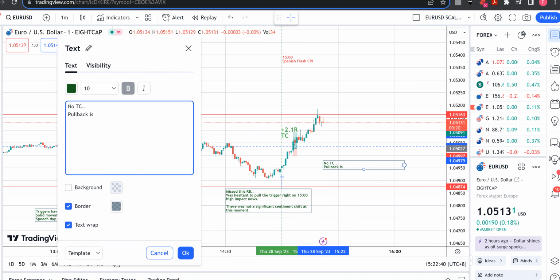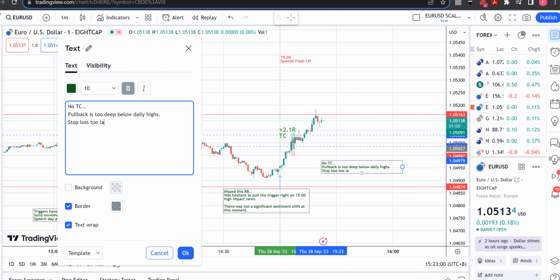Pullback is deep below daily highs, and also another reason why I don't want to take this trade, and it's stop loss too large. Okay.